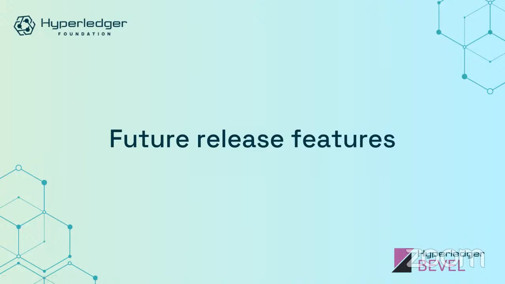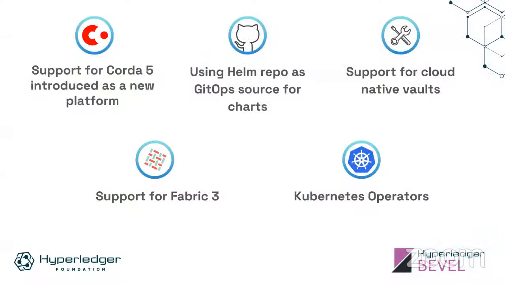Okay, so future releases, and I think we spoke about this in the previous sessions as well. In bullet points, these are the various features that we are looking towards. Some of these we have started working on, some we are looking for people who are interested to come and help us, and have these supports enabled on the Bevel platform.